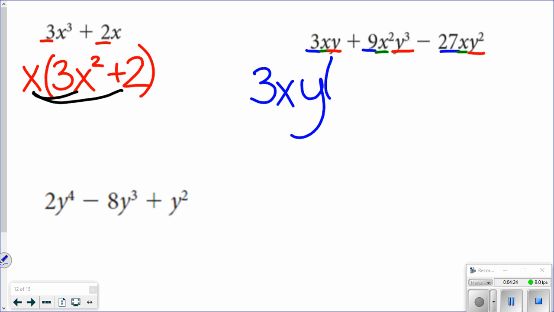So remember, we're dividing our numbers and subtracting our exponents. But look, I have 3xy, and I'm taking out 3xy. So those divide out and cancel, and we're just left with 1 as our placeholder.